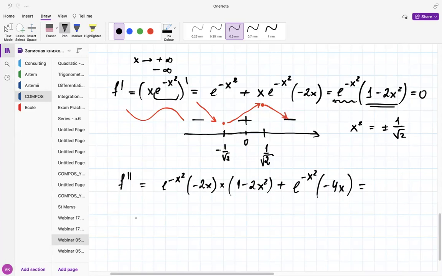Right. And again, factor out this particular function, e to the power of minus x squared.